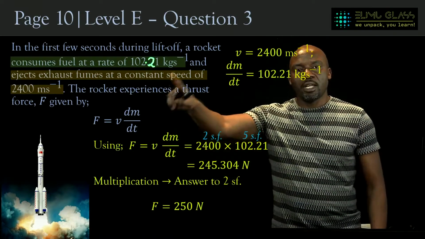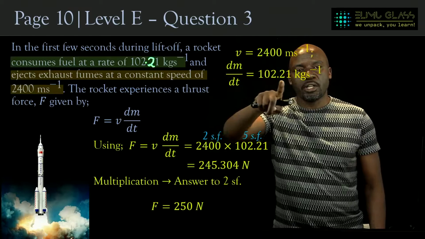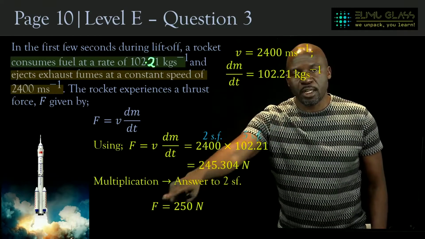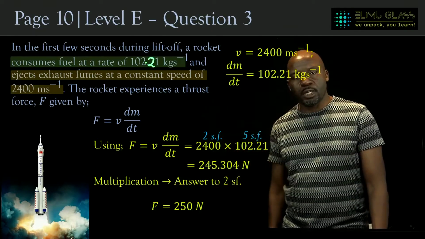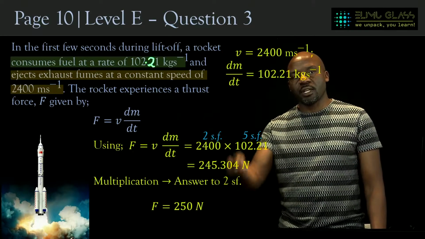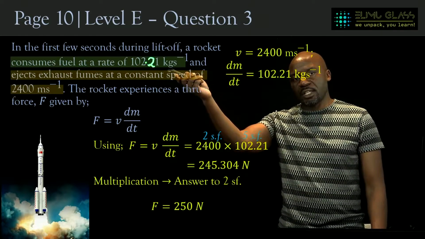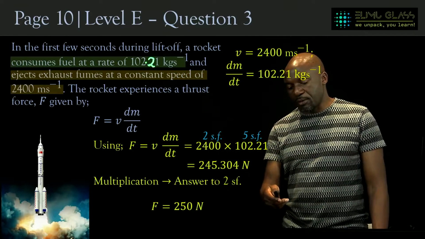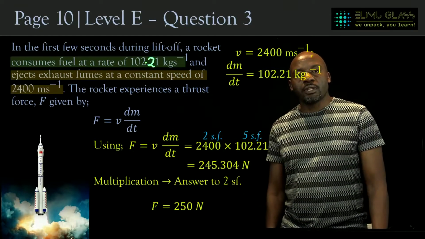I'm sure if we left this as 0.71 and changed this to 0.71, we should still come to 250 newtons. Whether leaving it as 7 or 2, it is not going to change that figure.